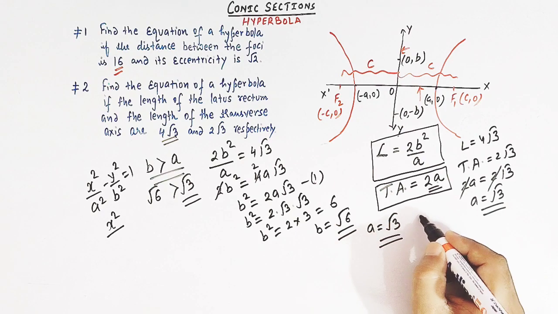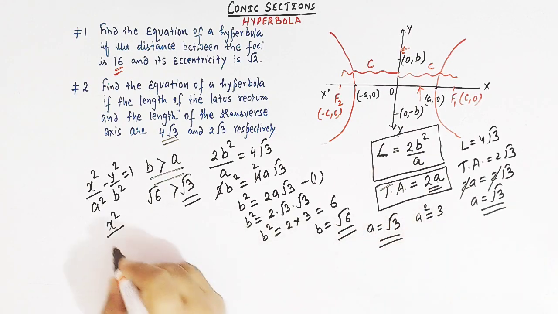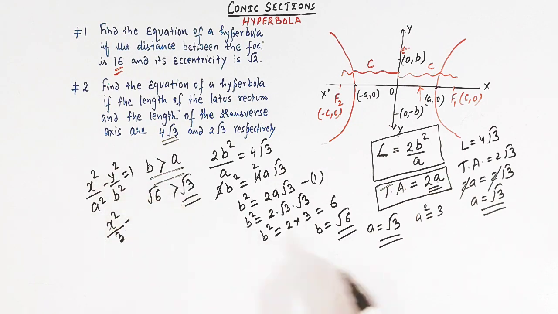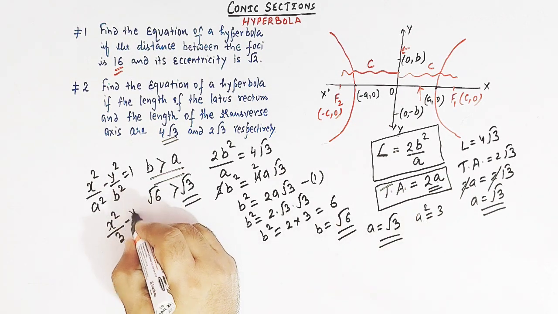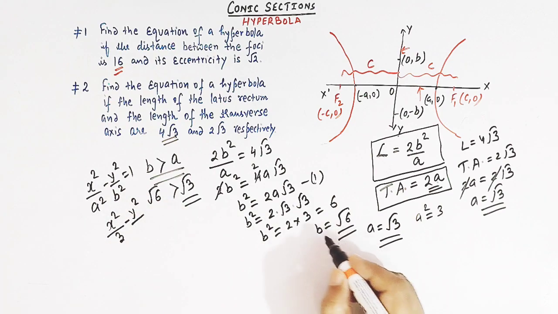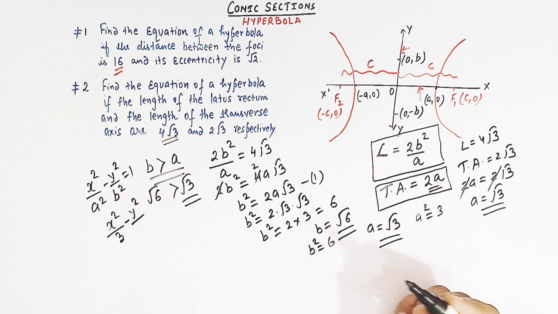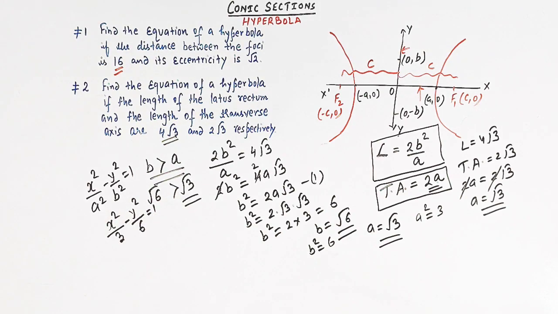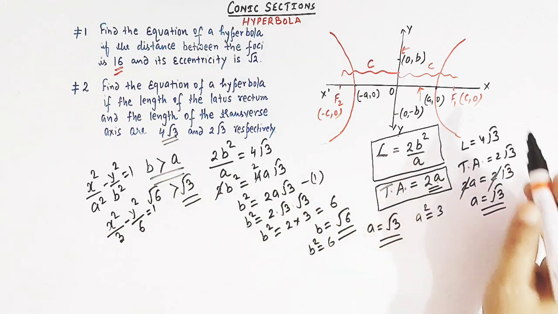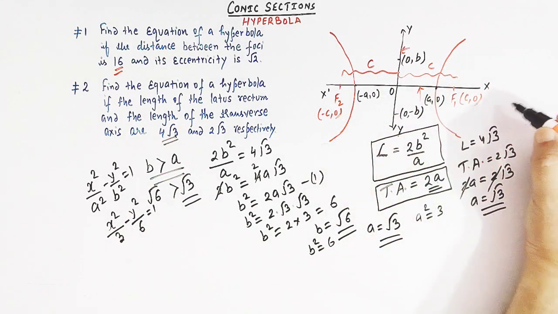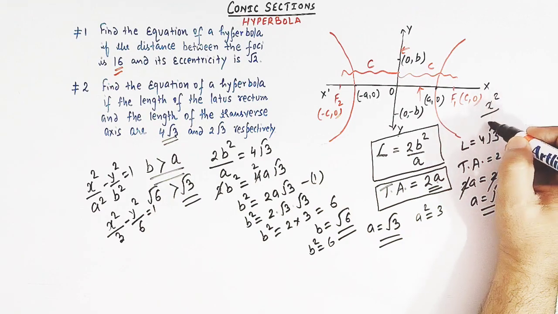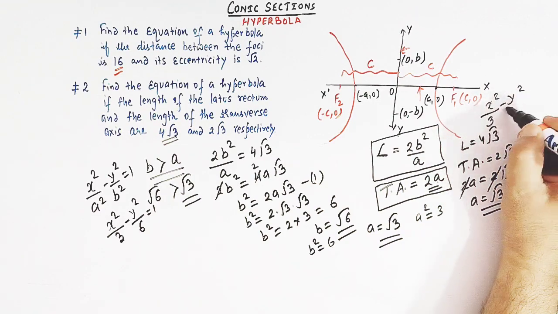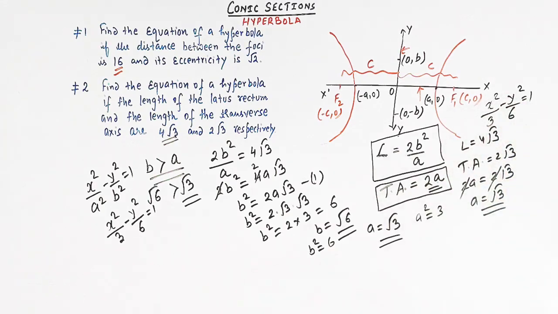So a is root 3, so a square is 3. So here we have 3 minus y square over b square. So b square is 6, right? So here we have 6 and this is equal to 1, right? So the standard equation of this hyperbola with these conditions is x square over 3 minus y square over 6 is equal to 1.